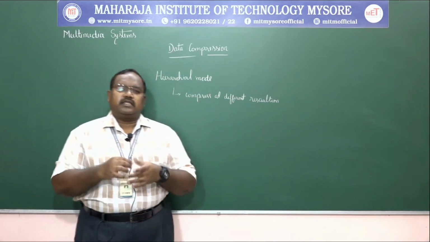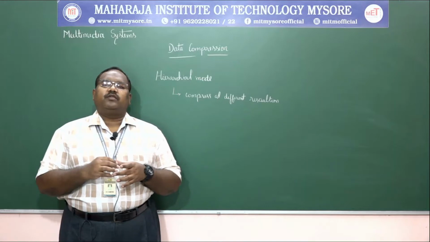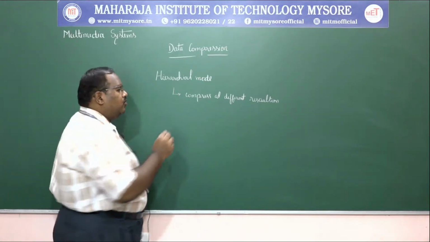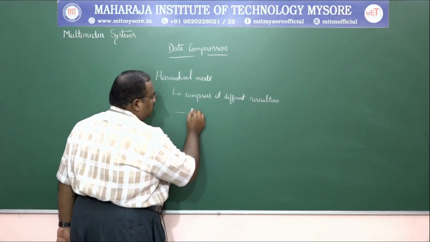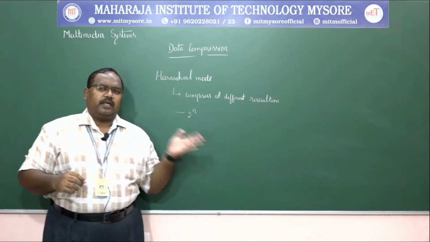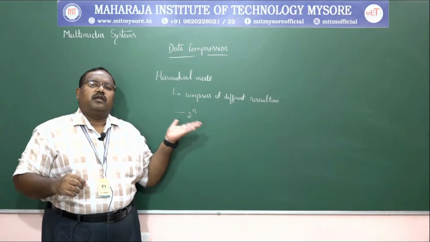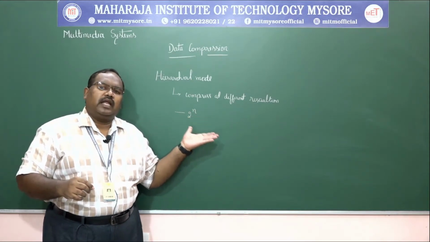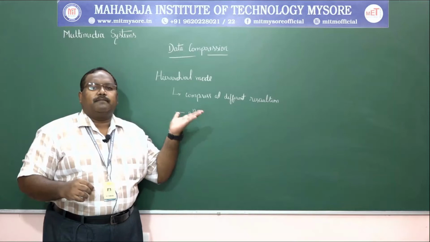When we talk about the digital image, it is first reduced by a factor of 2 power n. So in the hierarchical mode, what we do? We take up a digital image and reduce it by a factor of 2 power n, and then we work on the compression.